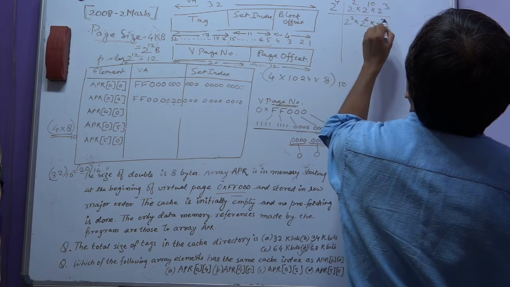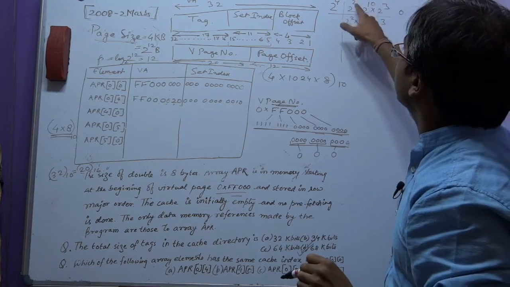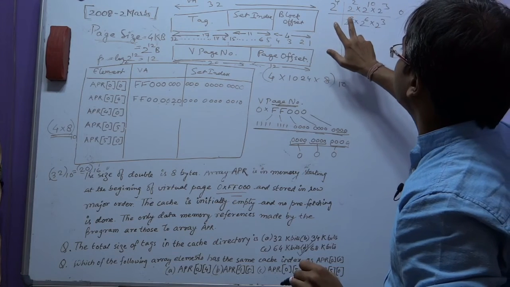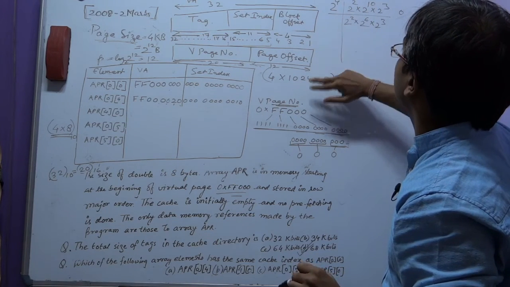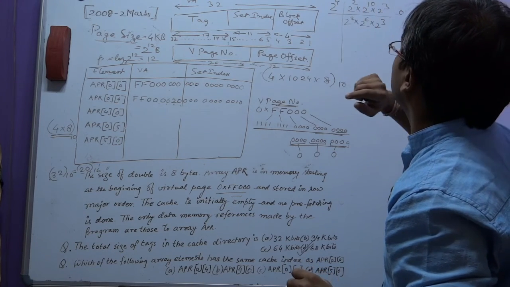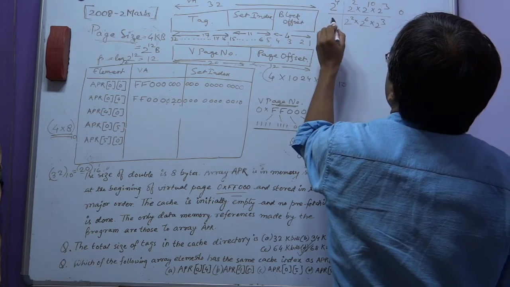So 2 to the power 10 would become 2 to the power 6. See, I am not doing anything new. This number is getting divided by 16, that is all. For ease, I have converted into powers of 2 so that I can easily divide this number by 2 to the power 4, or 16. So the remainder would be 0.